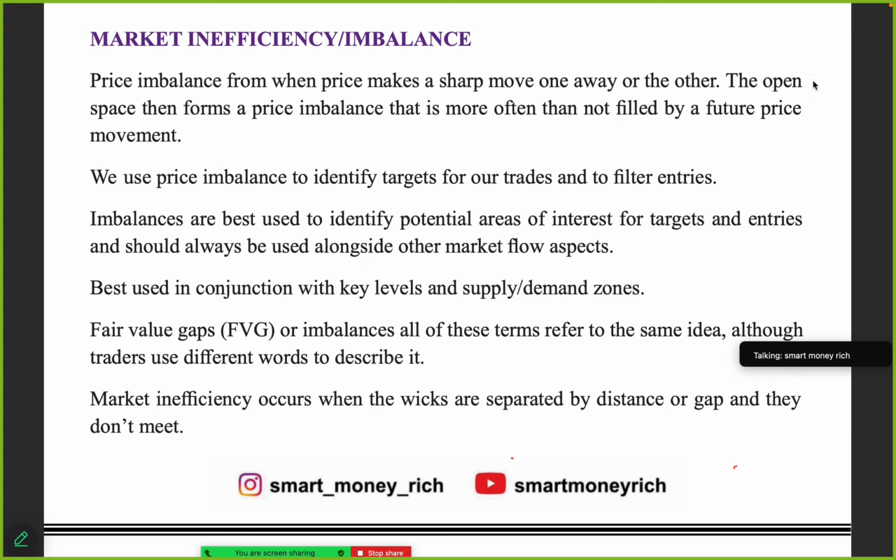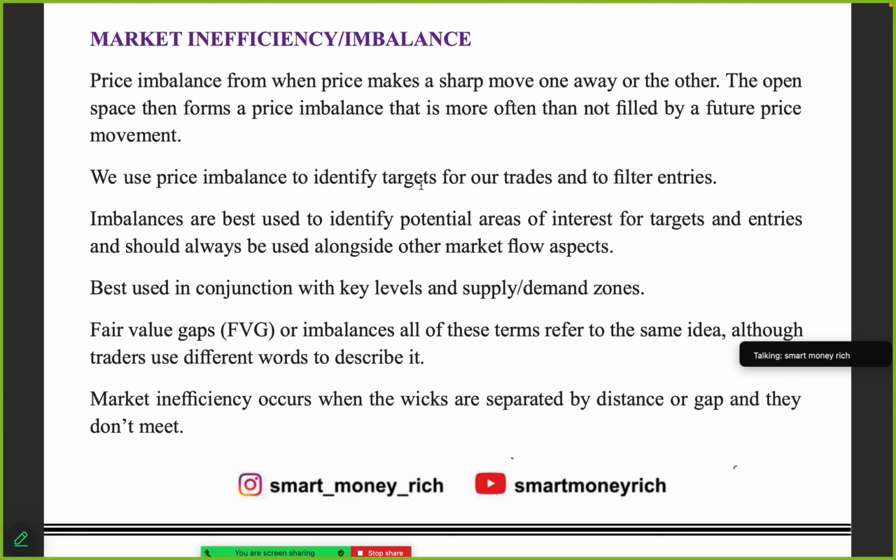You understand? So the open space then forms a price imbalance that is more often than not filled by a future price movement. That open space between the candles in the market, that's what forms market imbalance.